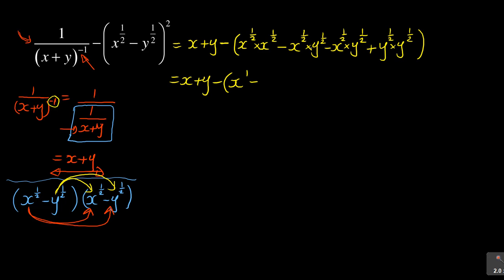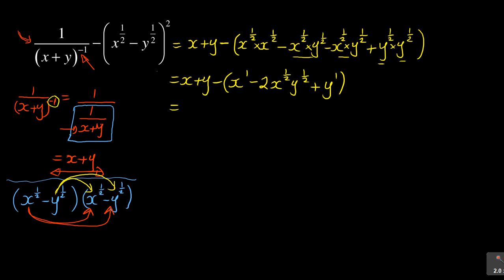Minus, this one can remain as it is, but there are two of them there. It is minus 2 x to the power of half y to the power of half, and then after that is plus, again the base is the same for y, so it will be y to the power of 1, just like we did for x.